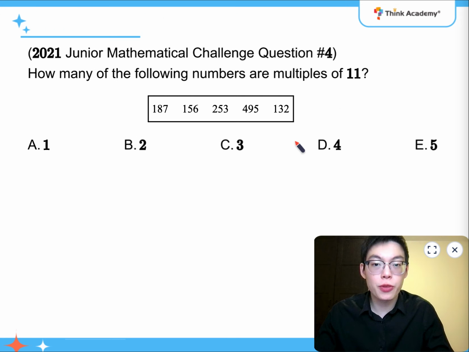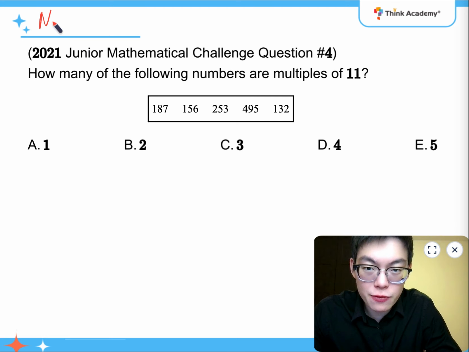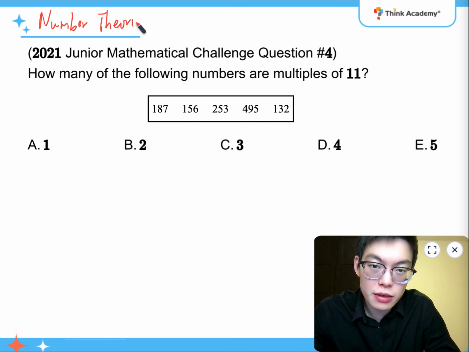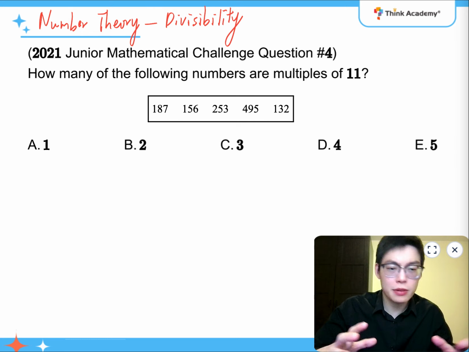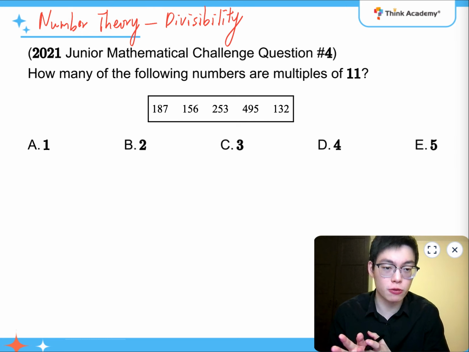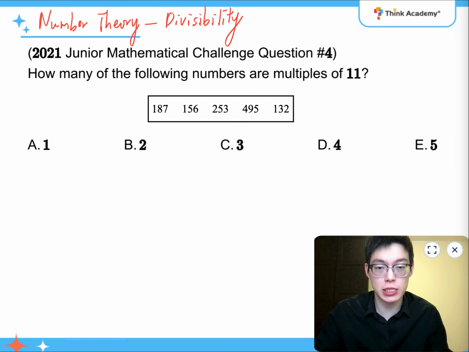And then the fourth question, how many of these are multiples of 11? It will be about divisibility, number theory. Of course, if you don't know the divisibility rule of 11, that's just a numbers and operations question. You can just divide them one by one to see.